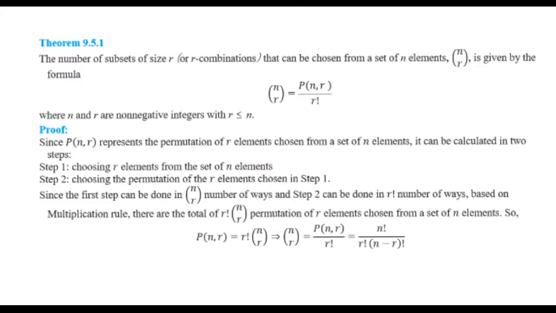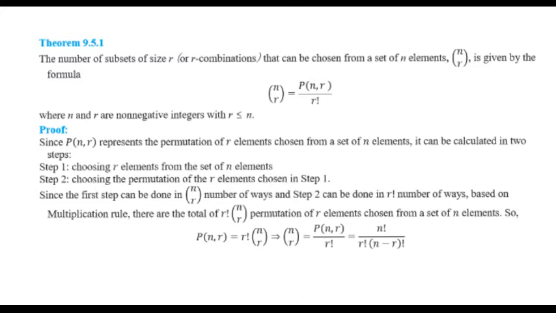and the symbol is exactly what we defined in the previous chapters for n choose R. That's the symbol that we use, and this symbol is equal to P of n and R, the number of R-permutations of a set of size n, divided by R factorial, where n and R are non-negative integers and R is not greater than n.